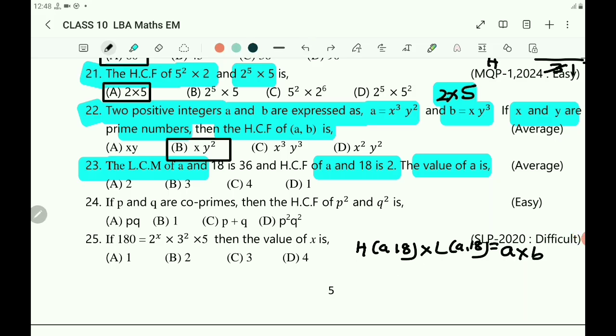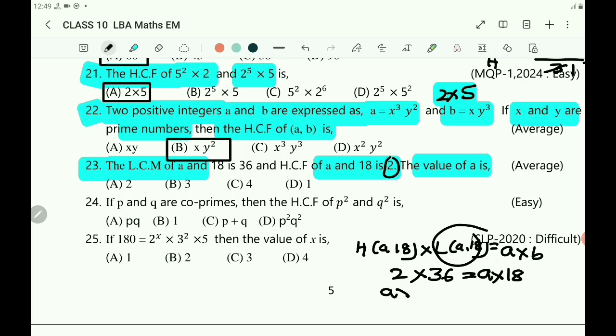HCF of A and 18 is 2. So you can write 2 into LCM of A and 18, which is 36. So you got 2 into 36 equals, one number is given, A is not given, we have to find out, and one number which is given here, 18, that is B, A into 18.